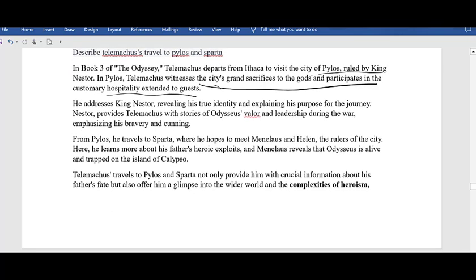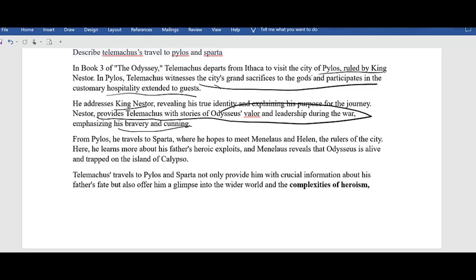This is how he gets to know how huge empires are. Then he visits King Nestor. He now gets to know how his father had great leadership quality. He had great valor. He was a great warrior. And he gets to know how his father was very, very brave.